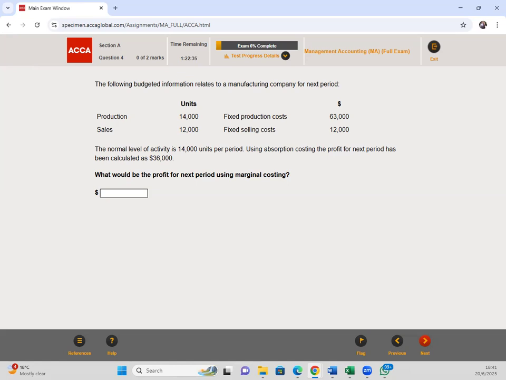In this case, we are not told the opening stock, so we can assume it was zero.